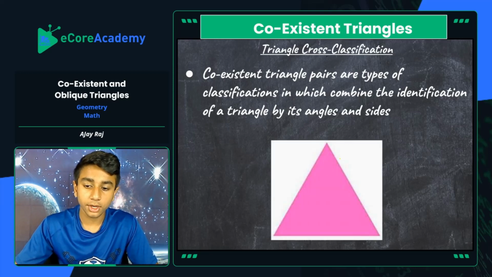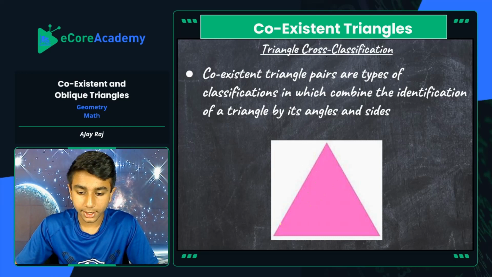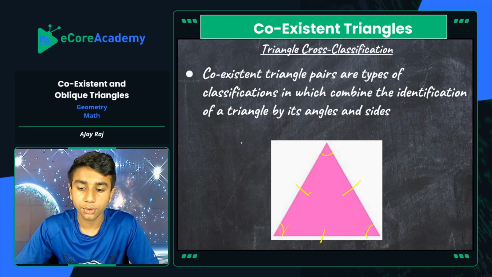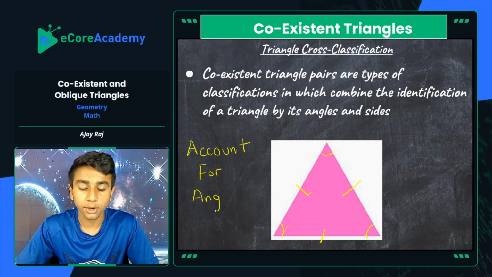If you look at a triangle here, I'm going to draw these angles out, and I'm going to draw these sides out saying that they're all congruent. We're identifying by both its angles and sides, so we're going to account for angles and then classify what kind of angle classification this triangle is.